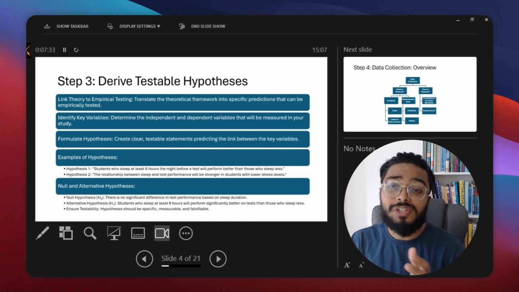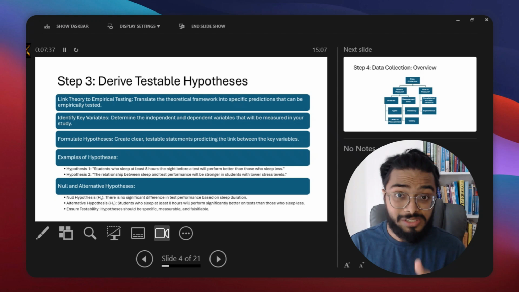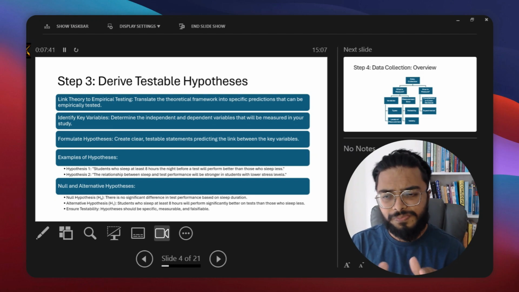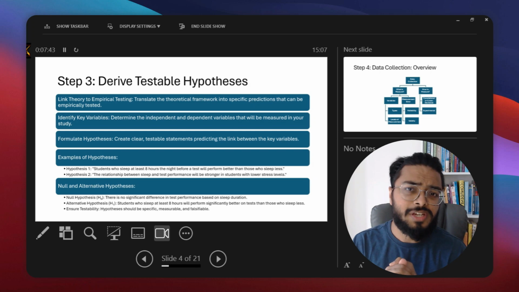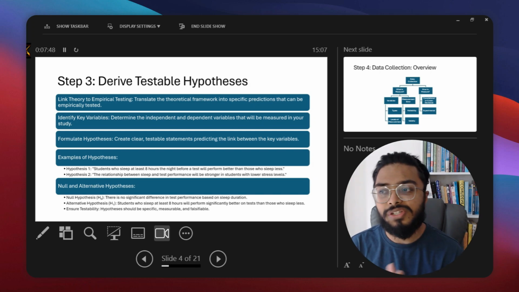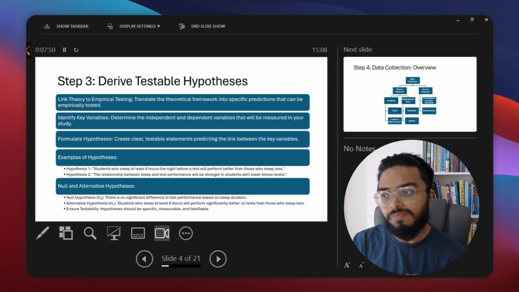Now you also need to identify the key independent and dependent variables. About these I'll talk to you in a minute, but for now these are the variables that we identify from our theory, and we will be measuring them in our study.